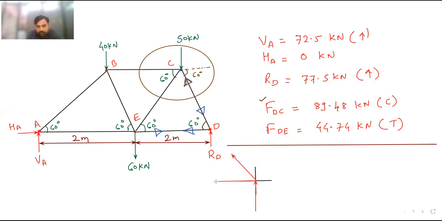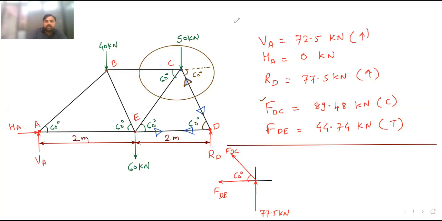And here also the member DE. So here I will write, this is FDC, this is FDE, and this is RD, which is 77.5 kilonewton. And this angle you already know, it is 60 degree.